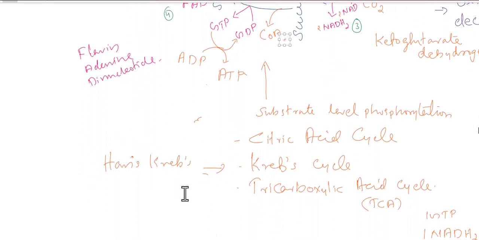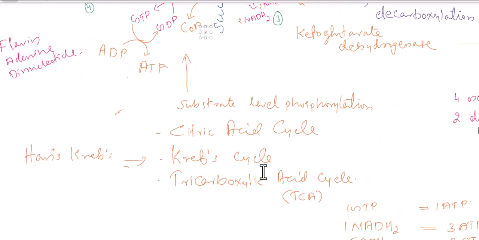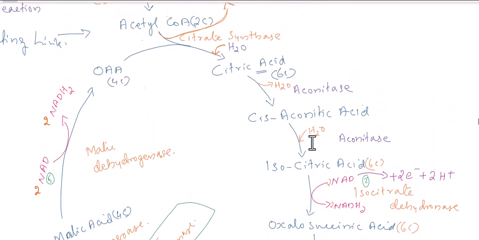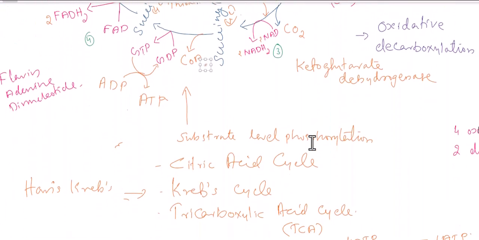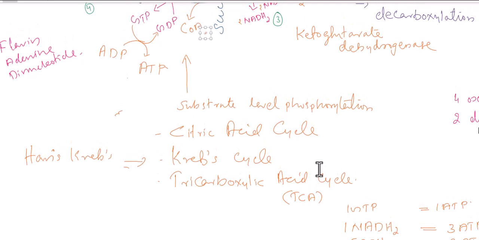This cycle of aerobic respiration can also be termed the citric acid cycle, because the first compound is citric acid, or the tricarboxylic acid cycle. This is the main process of aerobic respiration.